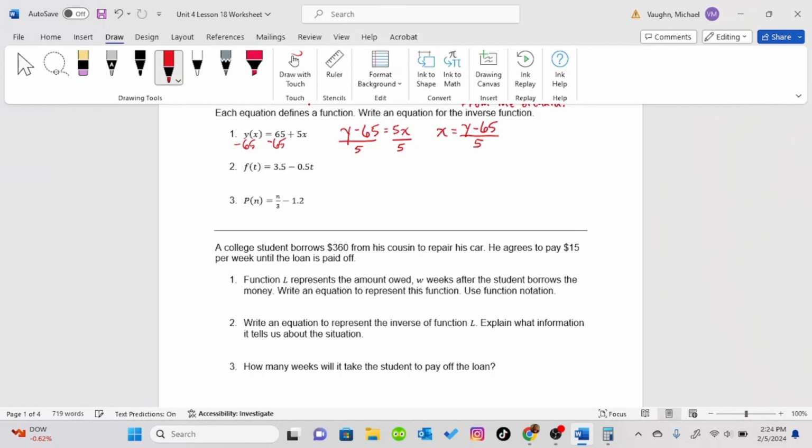Now, instead of having a function that solves for y using x as the input, I now have the inverse function which solves for x by using y as the input.